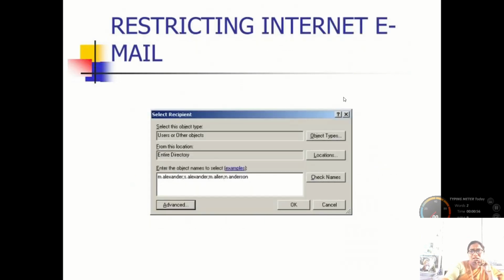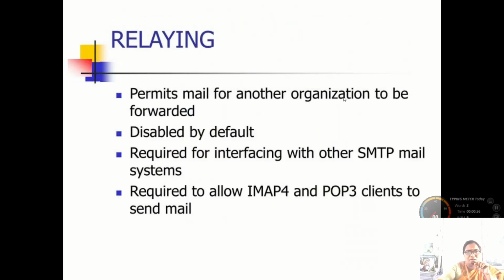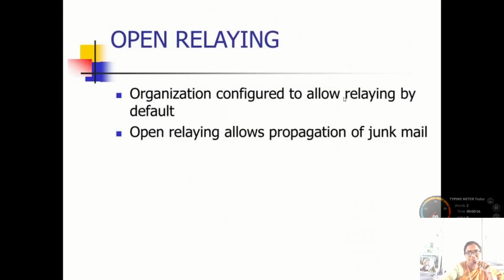This is restricting internet email relaying. It permits mail for another organization to be forwarded. It is disabled by default. It is required for interfacing with other SMTP mail systems, and required to allow IMAP4 and POP3, Post Office Protocol 3, clients to send mail. Open relaying: the organization is configured to allow relaying by default.